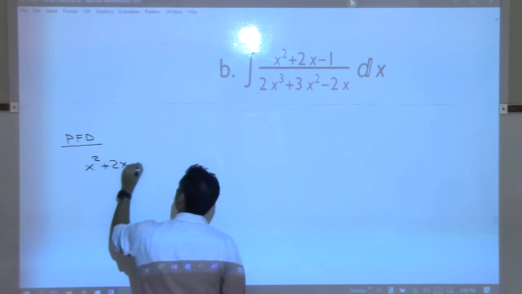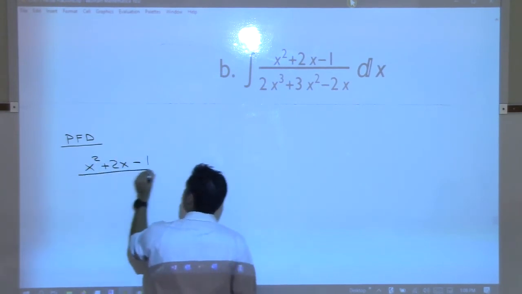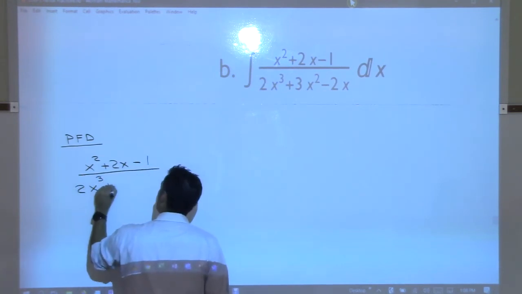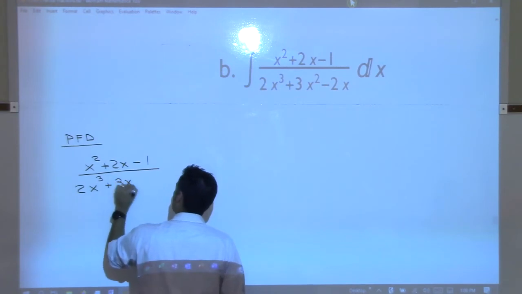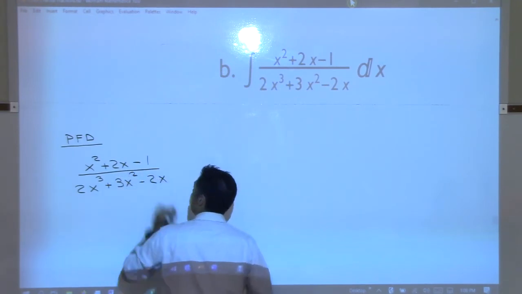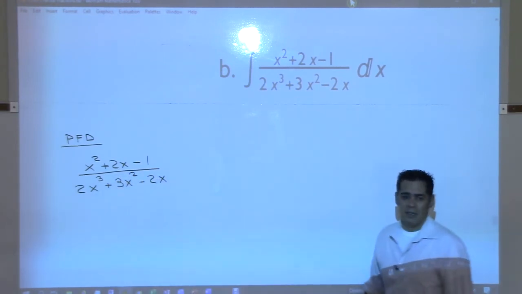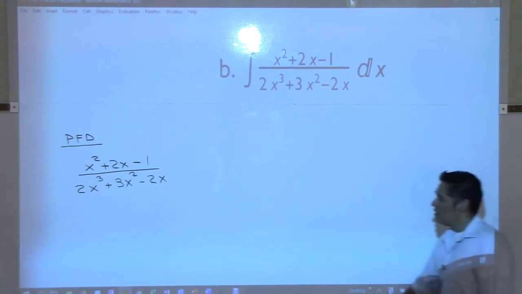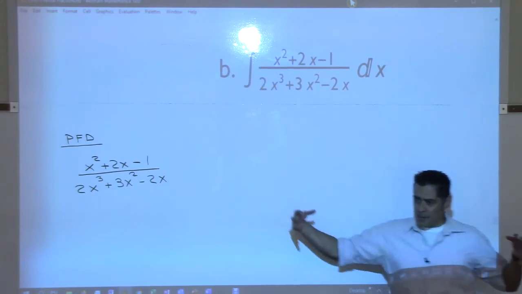What we're trying to do is take this big, nasty rational function. Notice I'm not working with the integral right now. I'm just writing down the integrand, and I'm going to act like I'm in college algebra or pre-cal. I'm trying to rip this thing apart.